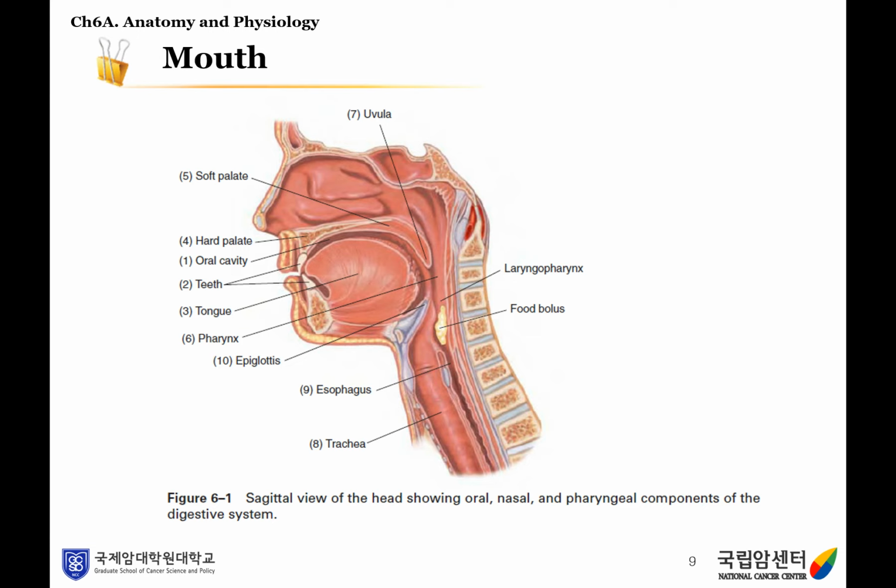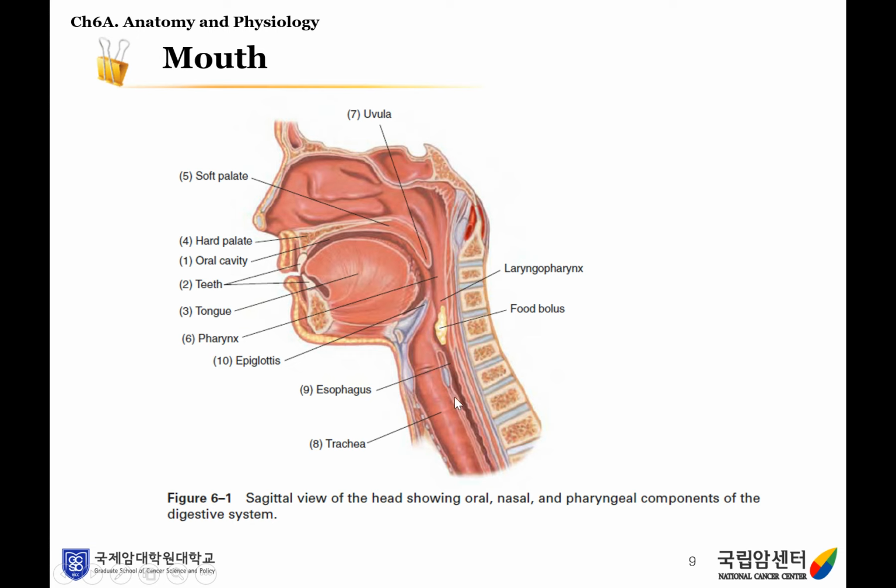This figure shows the sagittal view of the head, showing oral, nasal, and pharyngeal components of the digestive system. Here, from the teeth, there is an oral cavity in the mouth, and you can see the tongue, and in the posterior part you can see the soft palate, and in the front part there is a hard palate, and also in the posterior part of the mouth you can see the uvula, and the food goes into the esophagus.